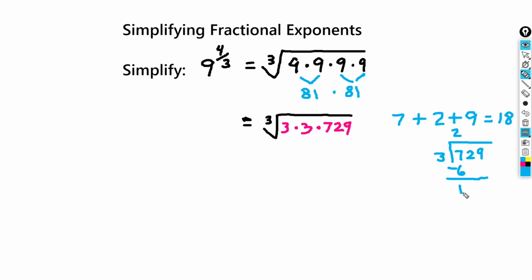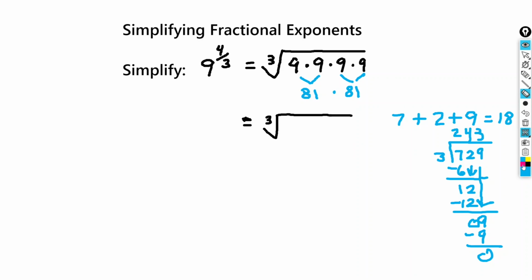So we get 1, bring down the 2. 3 goes into 12 evenly 4 times. So 12 minus 12 is 0. Bring down the 9. And 3 goes into 9 evenly 3 times. So we can subtract 9 here. It's 0.